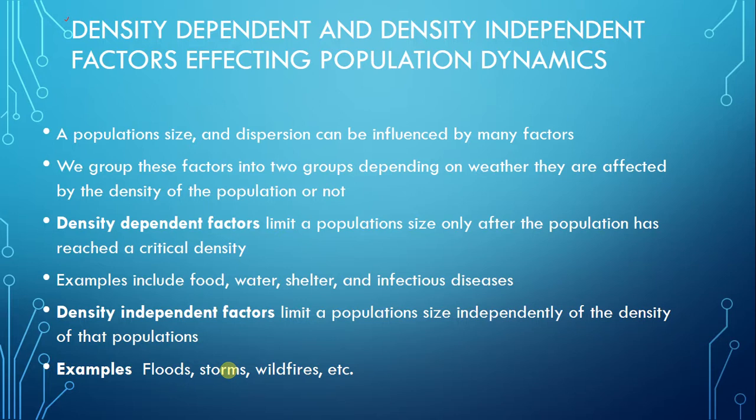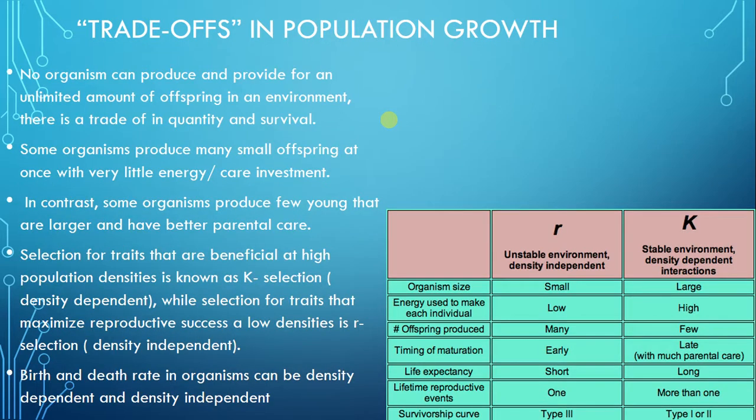Sure, it will be different amounts, but it still has the same noticeable effect. So these factors, biotic and abiotic, can be density dependent or density independent. Also, there are trade-offs in population growth.